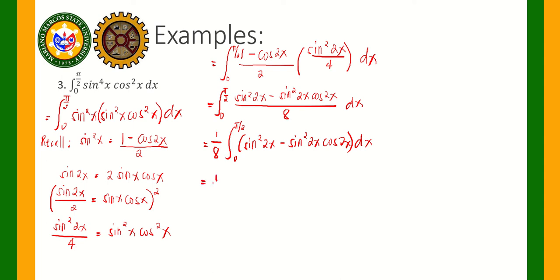So, this will be equal to 1 over 8 times the integral of sine squared 2x dx, limits from 0 to pi over 2, minus the integral of sine squared 2x cosine 2x dx, limits from 0 to pi over 2. Okay? So, separately na lang natin silang i-integrate.